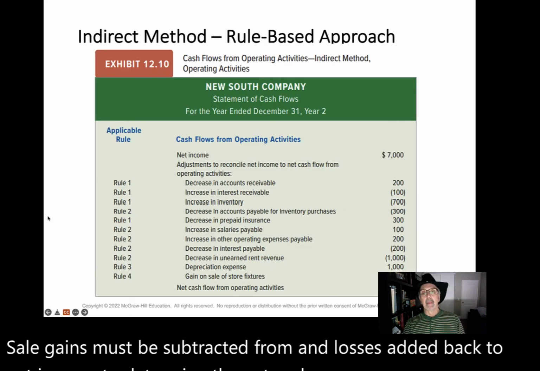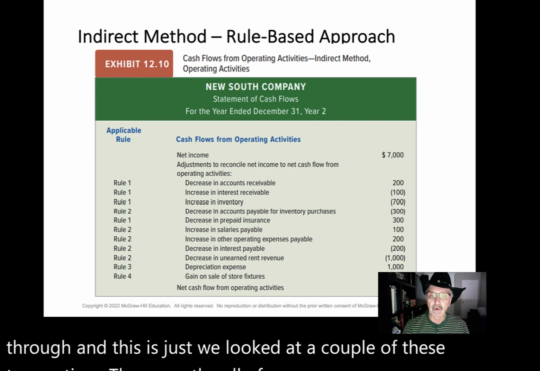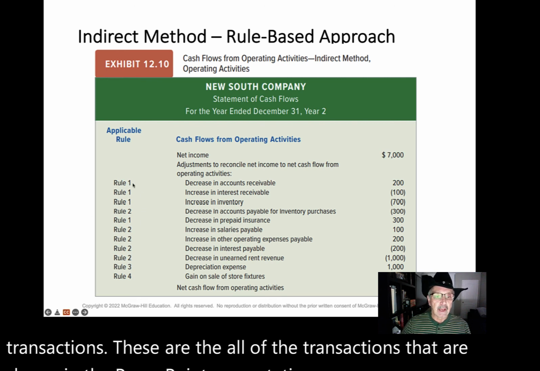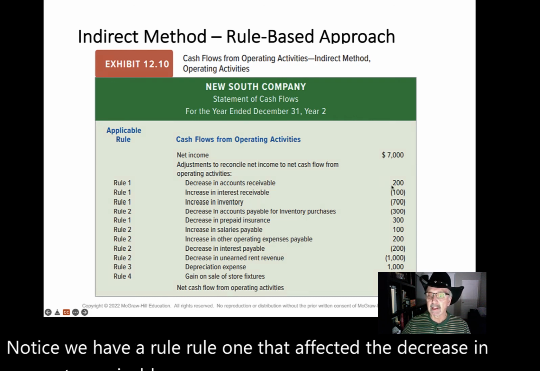So when we go through, and this is just we looked at a couple of these transactions. These are all of the transactions that are shown in the PowerPoint presentation. Notice we have a rule 1 that affected the decrease in accounts receivable, and that's why we're adding it back.